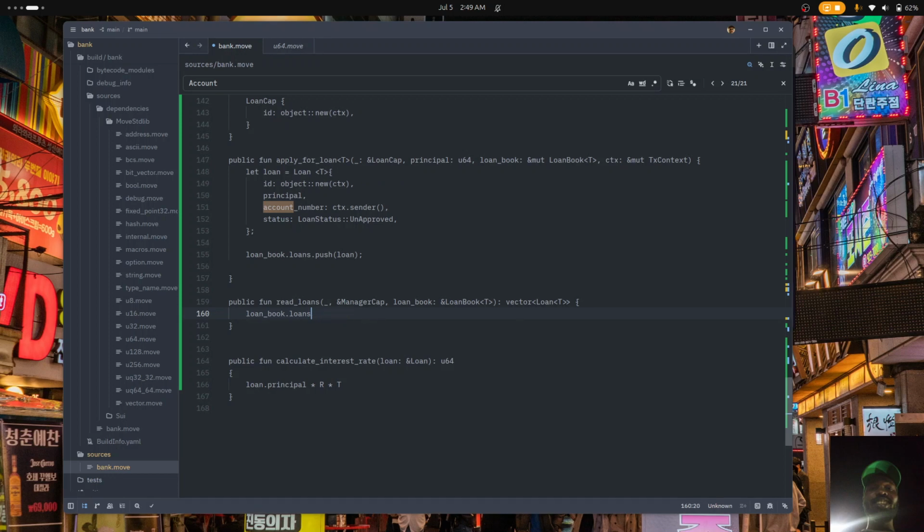That's not what it is. It's going to read, right?